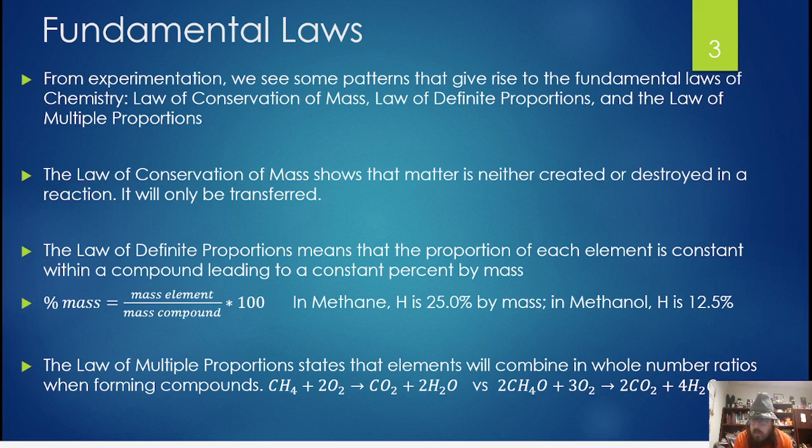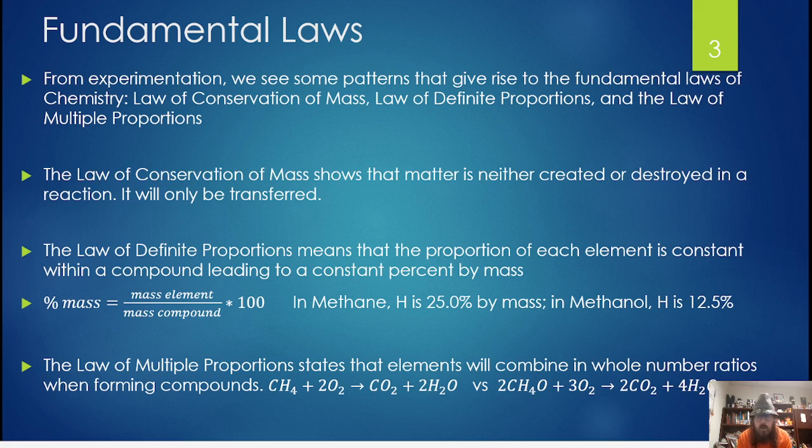With 4 hydrogens, we have a mass of 4. Carbon has a mass of 12, so the total mass would be 16. 4 divided by 16 is 0.25. Multiply that by 100 and you get 25%. All methane is 25% hydrogen by mass.